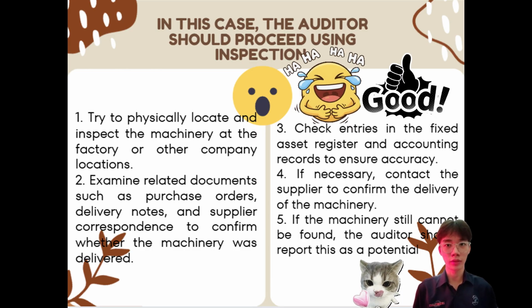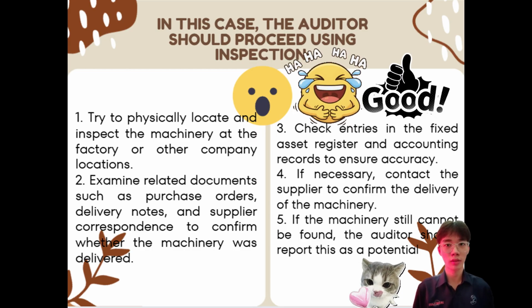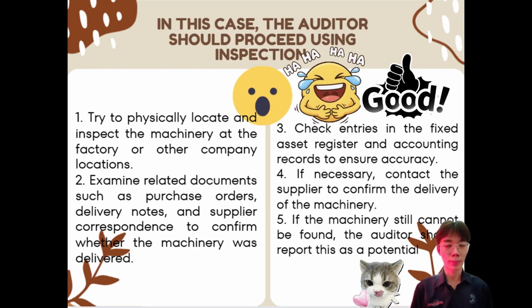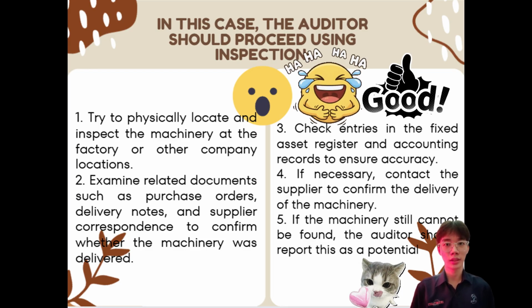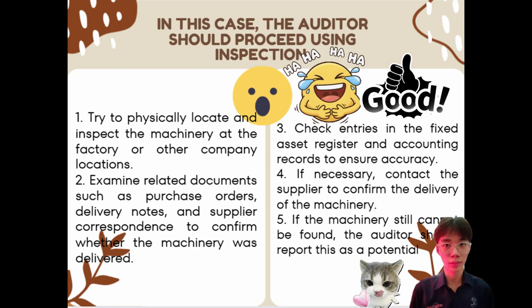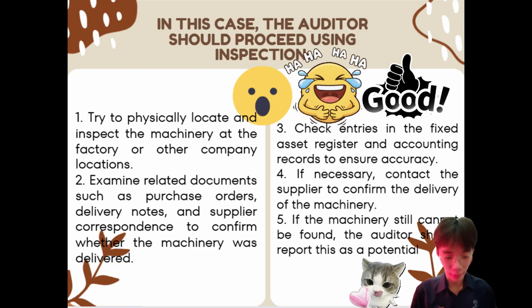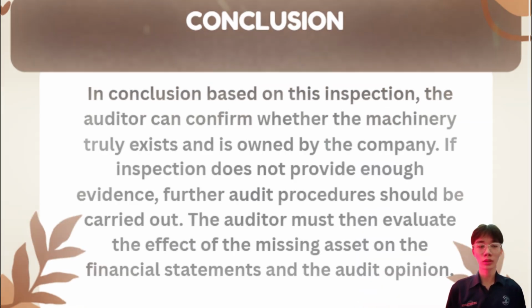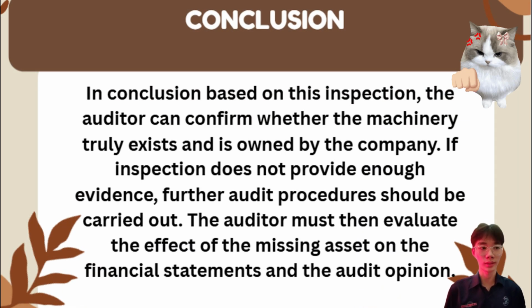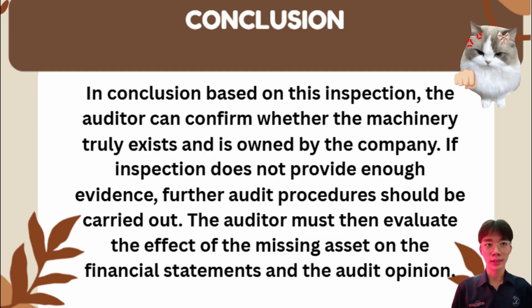The fifth one is, if the machinery still cannot be found, the auditor should report this as a potential issue, considered as a possible misstatement in the audit report. So in conclusion, based on this inspection, the auditor can confirm whether the machinery truly exists and is owned by the company.